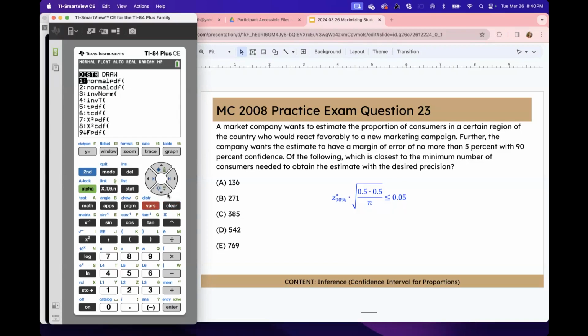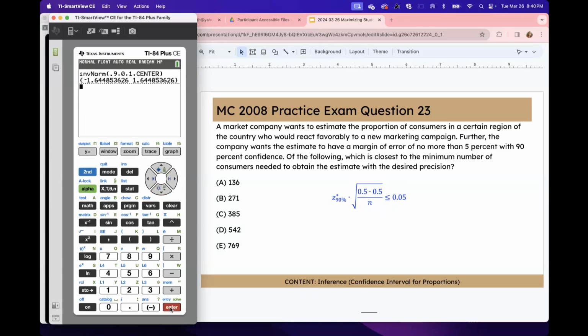So I'm finding a Z-score, using my inverse normal command. The area I'm interested in is that middle area being 90% for a 90% confidence interval. I'm doing my standard Z curve, so the mean is 0, standard deviation is 1. And the wonderful thing about the 84 is I can tell it the area I'm giving you is the center area. It's not the left tail, it's not the right tail, it's the center area.